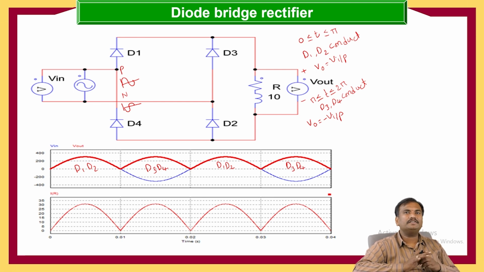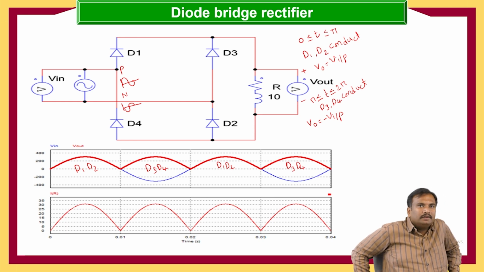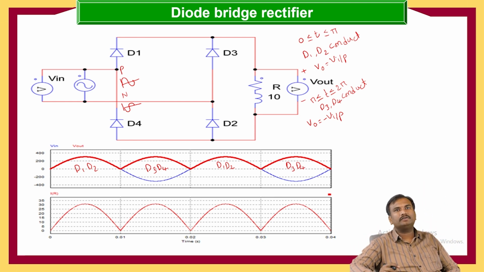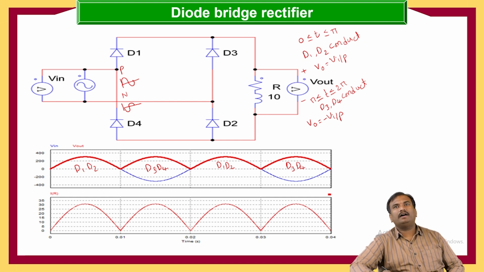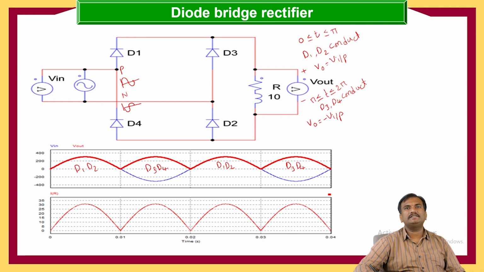This is the diode bridge rectifier, and here the only change is the forward voltage drop of the diodes. The output voltage will be equal to the input voltage minus 2 times the forward voltage drop across the diodes.